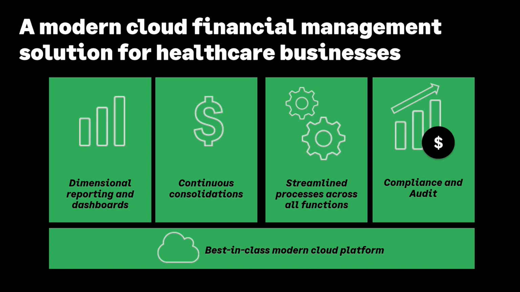As we are pulling this data together, it is a continuous consolidation, which means that you're not waiting for anything to happen overnight. This is all happening real-time, up-to-date information, so you can be assured that when you look at the data, it is data that you can make a business decision against.